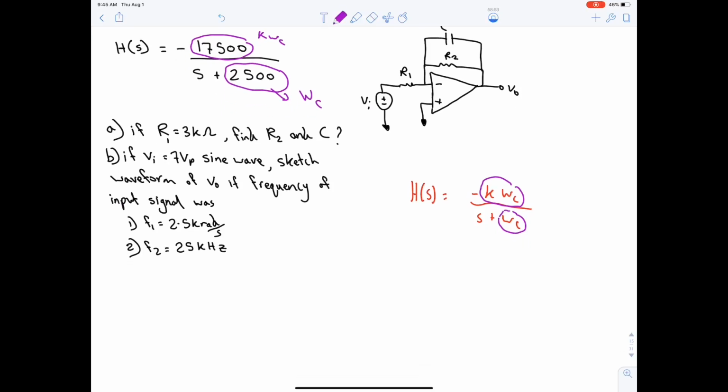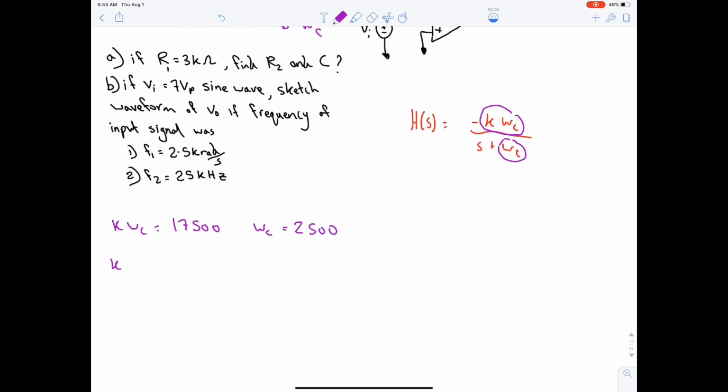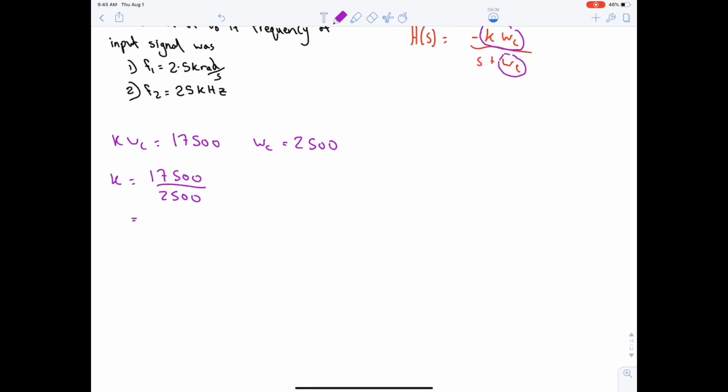So how can we find K? If K omega C is equal to 17500 and omega C is 2500, then K is 17500 divided by 2500, which will equal 7. That's our gain.